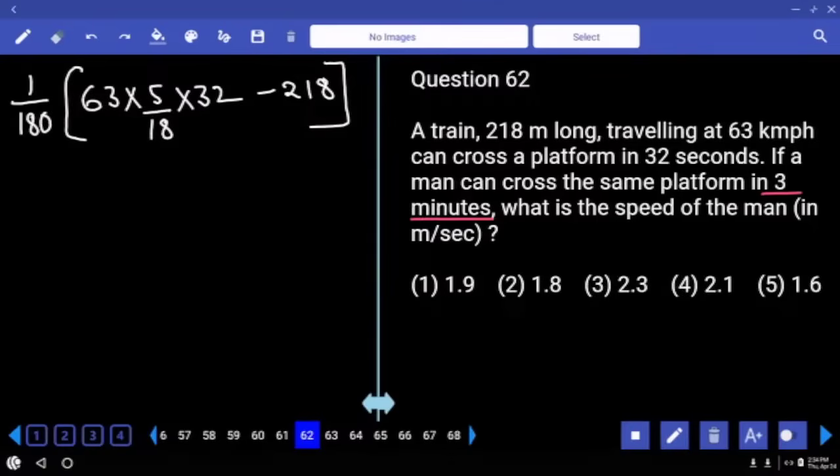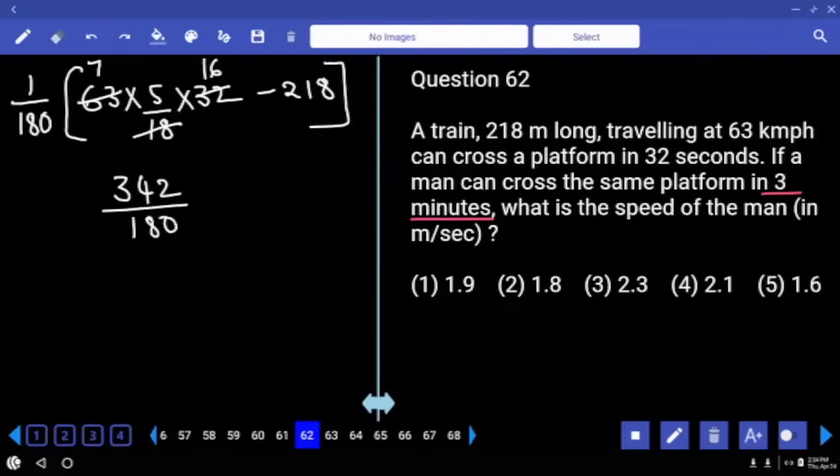Okay, now 9, 7 times, 2 times, 16 times, 16 into 5, 80 into 7, 560 minus 218. 560 minus 218, 500 minus 200, 300, 60 minus 18, 42, divided by 180.